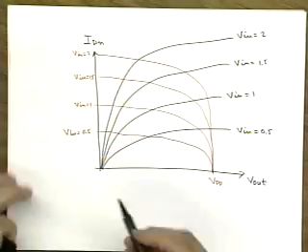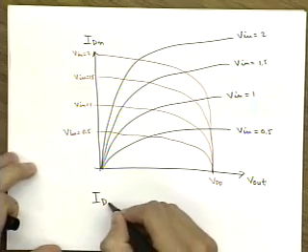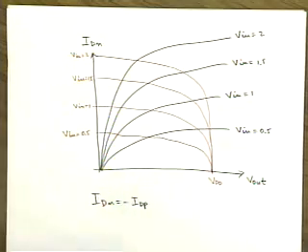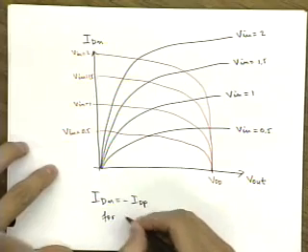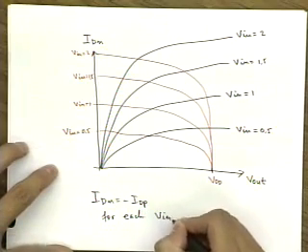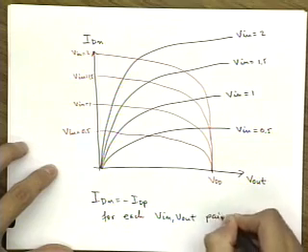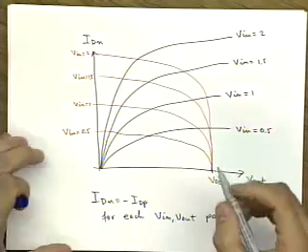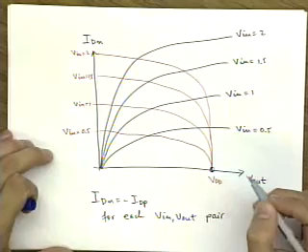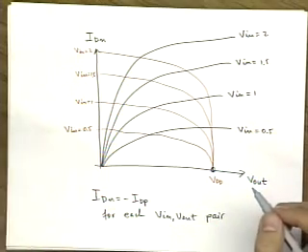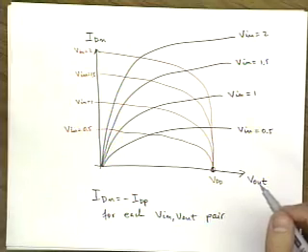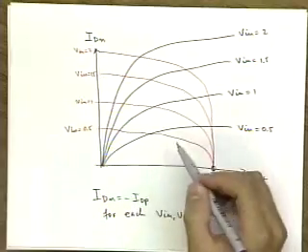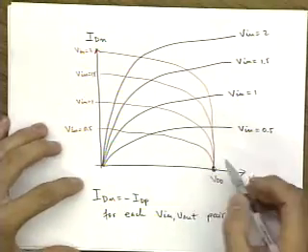And now, the important relationship is that your IDN must be equal to negative IDP, for each V in and V out pair. So what you're basically doing now is that you start from this point, and then for a given V in, you have to find the intersection between your NMOS and PMOS curves for the same V in.